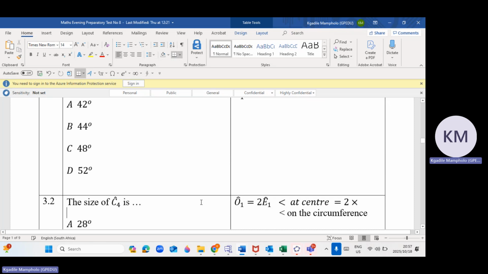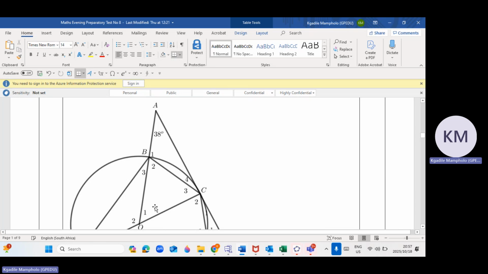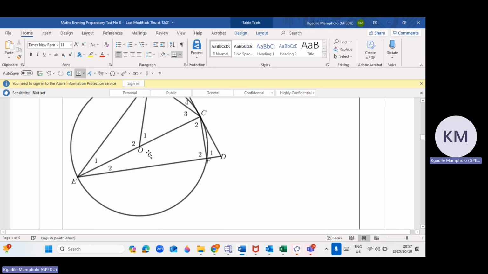First, you'll say O1 is equal to 2E1. You can see that O1 equals 2E1. Reason: the angle at the center is twice the angle at the circumference. Then we say C4 equals E1, tan-chord theorem.